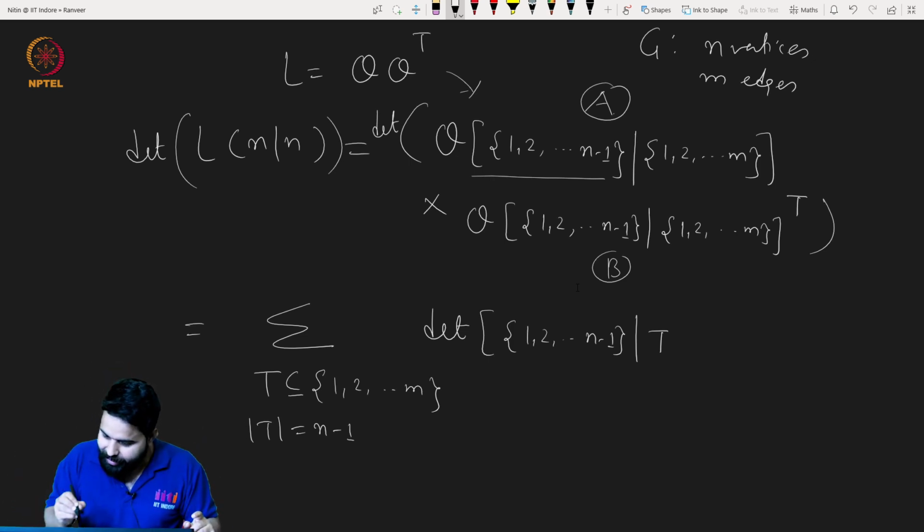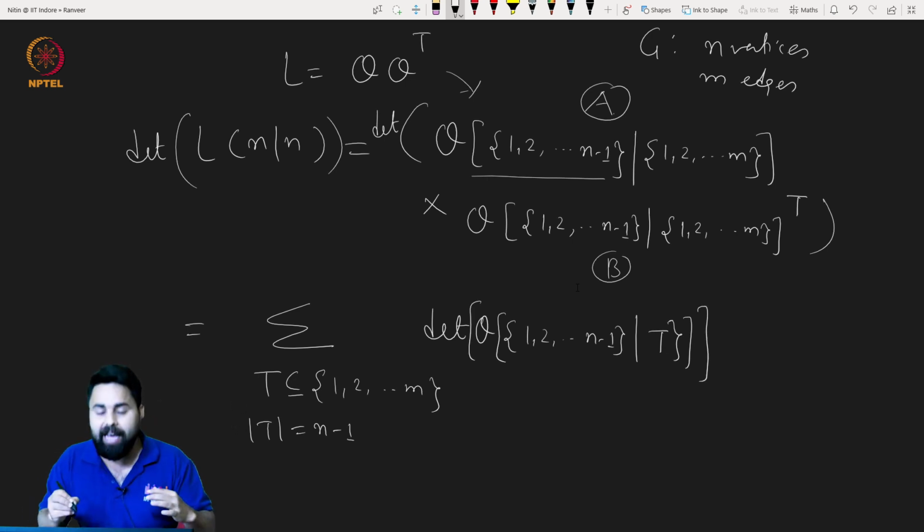And then the determinant of this Q matrix, times the determinant of this matrix.